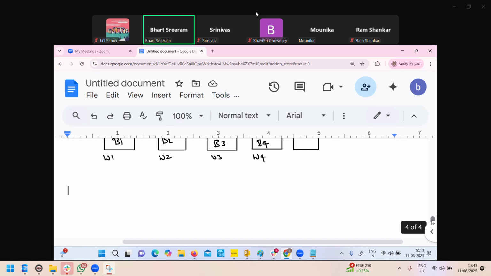Now, if my data is in 4 machines, what is the time to process that data? 2.5 minutes, 10 minutes divided by 4, because 4 machines are processing in parallel, right? Time reduced means speed increased, right? Yes, sir. So that is the second advantage.